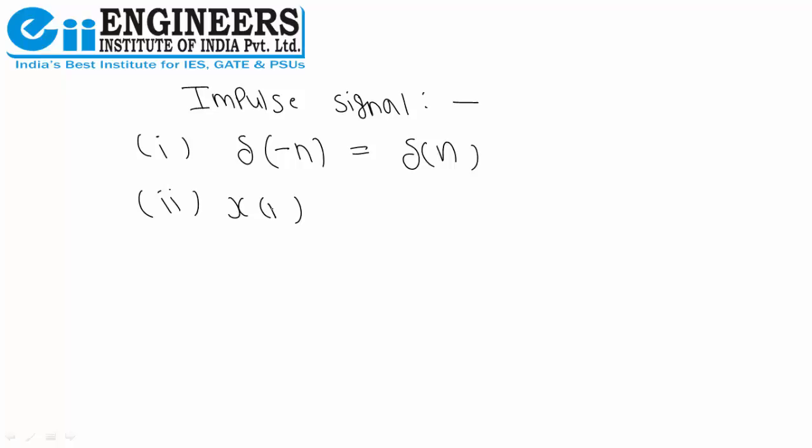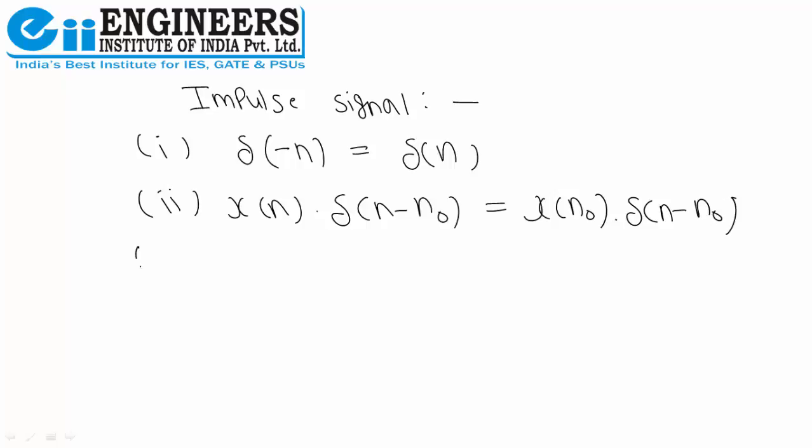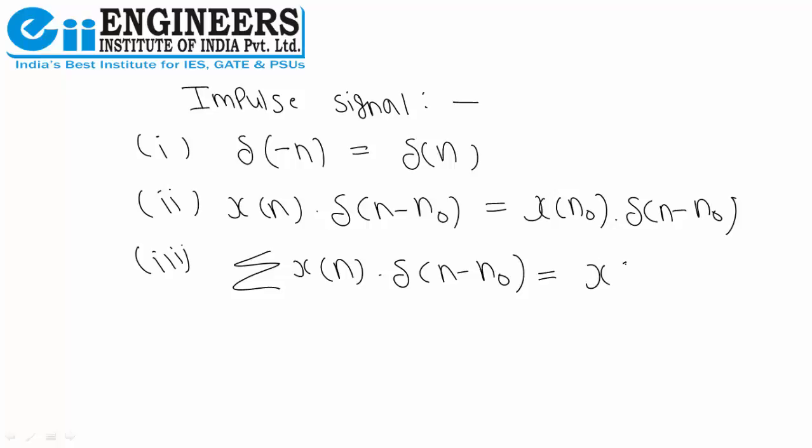So x[n] into delta[n minus n naught] will be x of n naught into delta[n minus n naught]. The same integration property becomes the summation property here, because in the discrete domain we perform summation. So sigma x[n] into delta[n minus n naught] will become x of n naught.